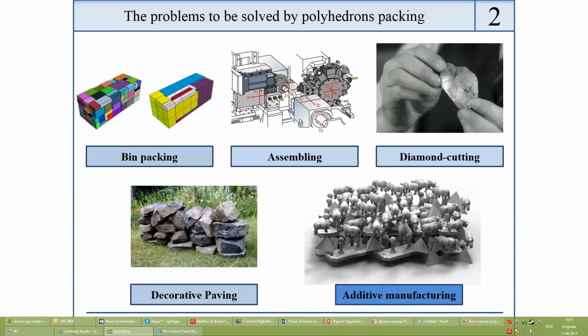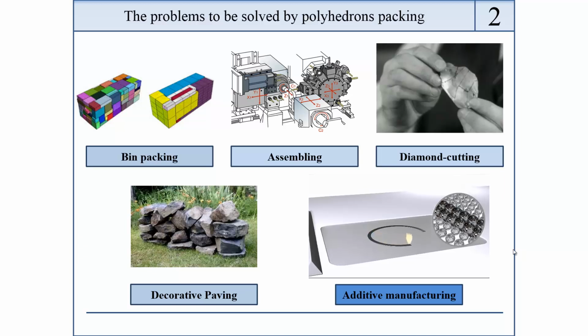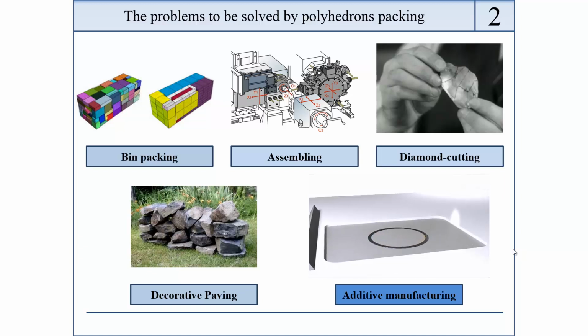Of course, there is the classic bin packing problem about packing parallelepiped objects into parallelepiped containers. Also the assembling problem about finding the most mutually beneficial arrangement, the diamond cutting problem, and even a kind of decorative paving problem. In addition, the most complex and intensively investigated today is the problem of additive manufacturing process optimization.